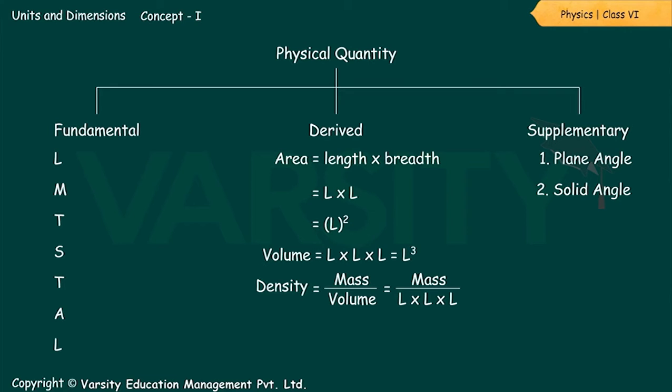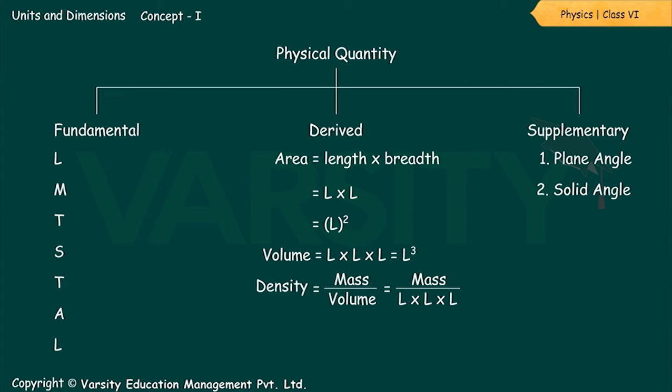Thus, this is the organization of physical quantities. 7 fundamental physical quantities defined by SI, derived quantities which are many in number. Supplementary physical quantities are 2, plane angle and solid angle. Thus, this is the organization and types of physical quantities in the SI system of units.